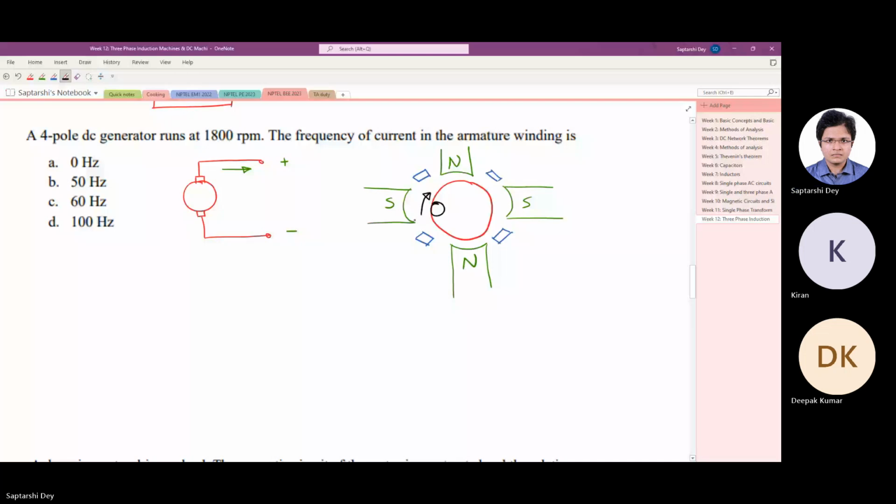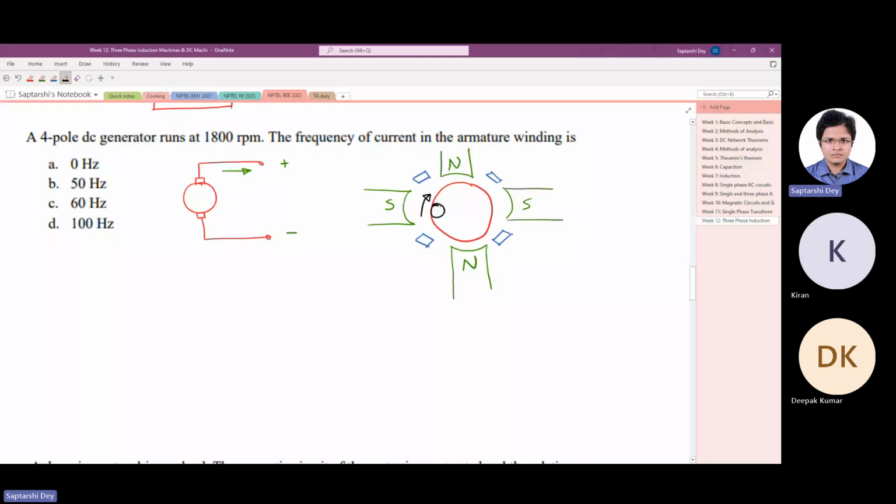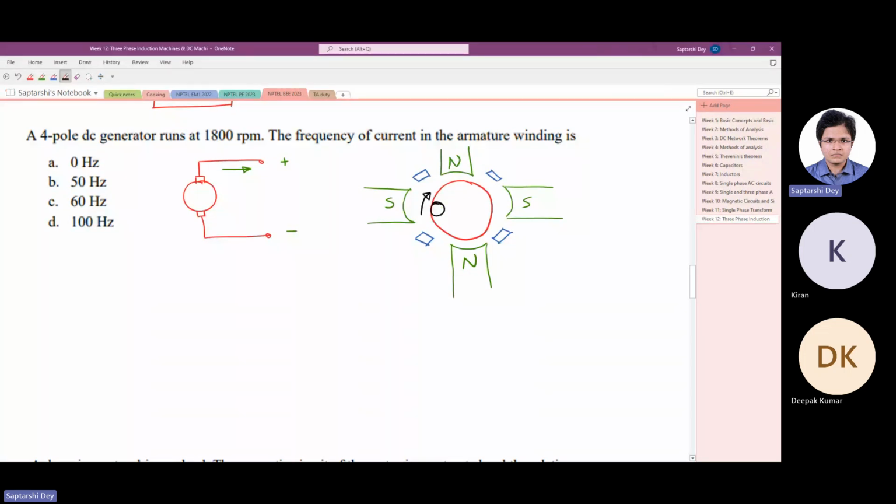When this coil side is crossing this pole here, it is having the maximum current through it, and at the brush it is having zero current, the zero crossing of the current.